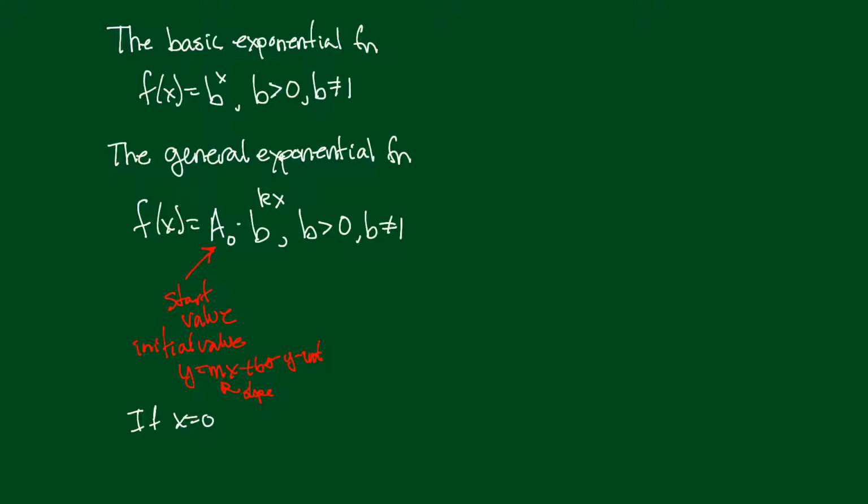At time 0, right, when you start your observation, what you have is f of 0 is a naught times b to the k times 0, but k times 0 is 0, and b to the 0 is 1, so you just get a naught. So what it tells you is, at time 0, the output is a naught. Right, so that's your start value. So if you have some kind of relationship and you come in and start your clock at time 0, how much output do you have already?